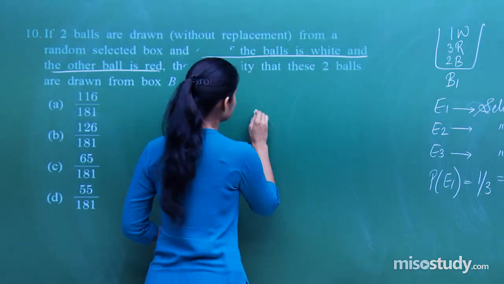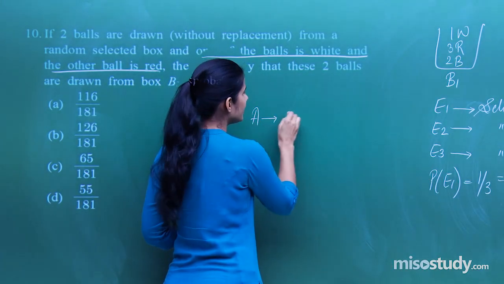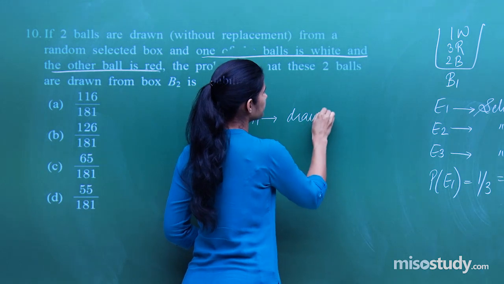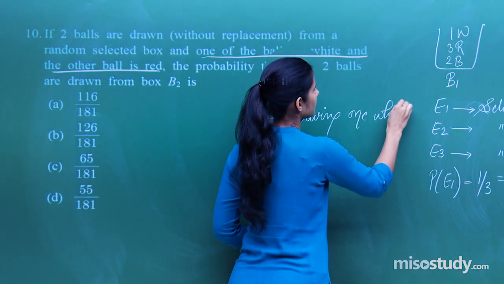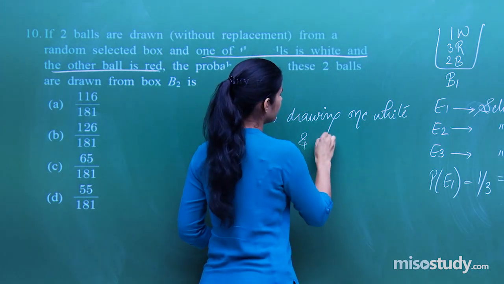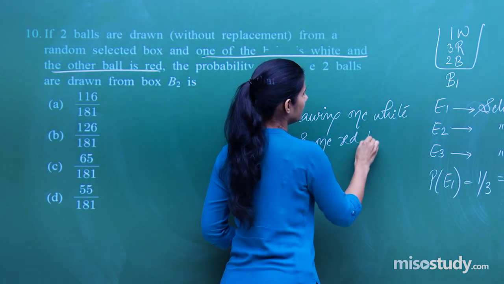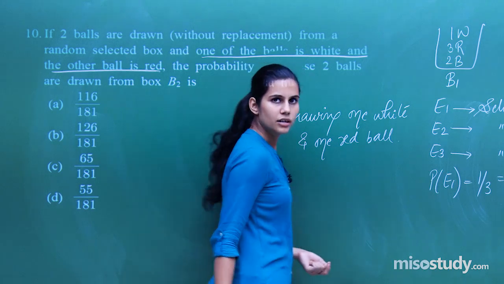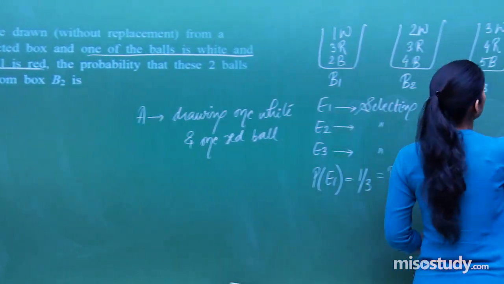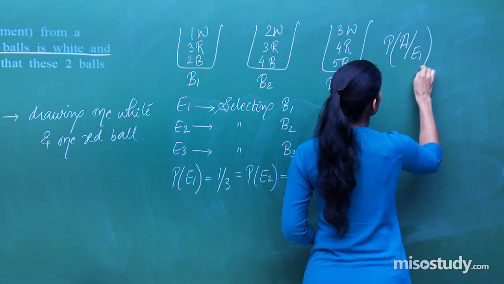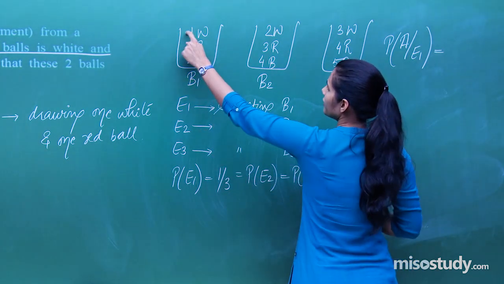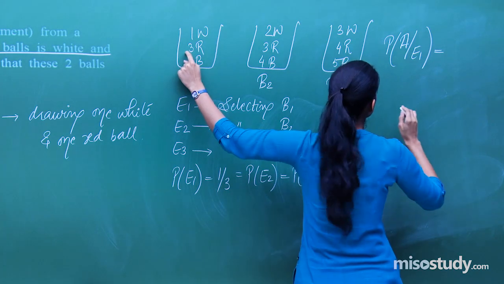So I am saying A is the event of drawing one white and one red ball. So let's understand the probability that one white and one red ball was drawn from the first box.